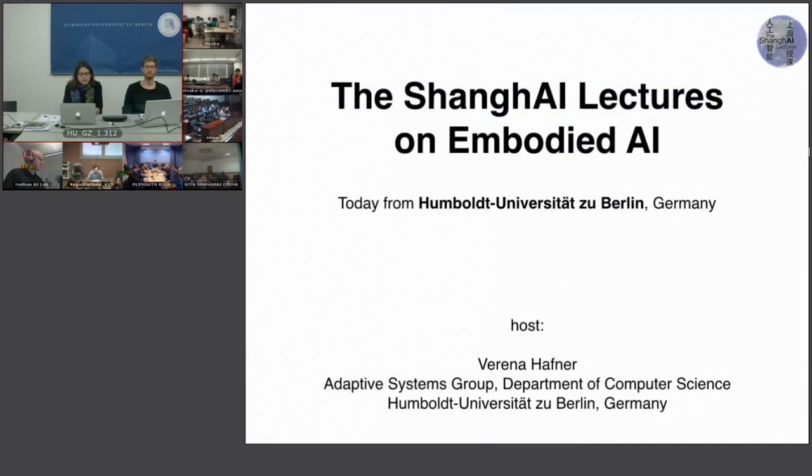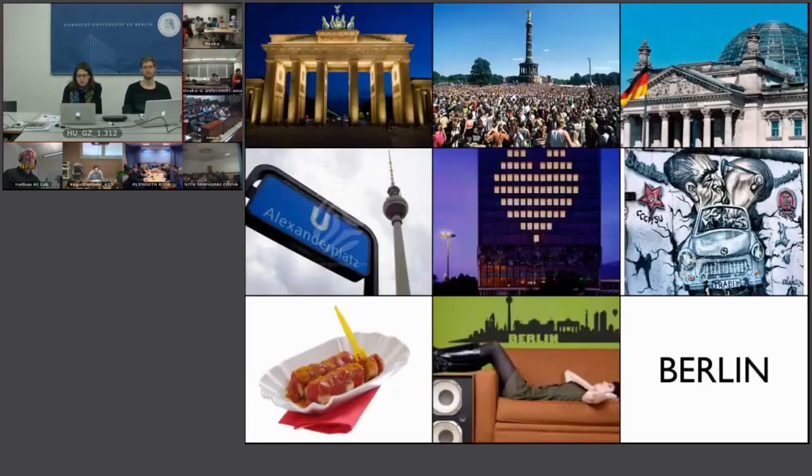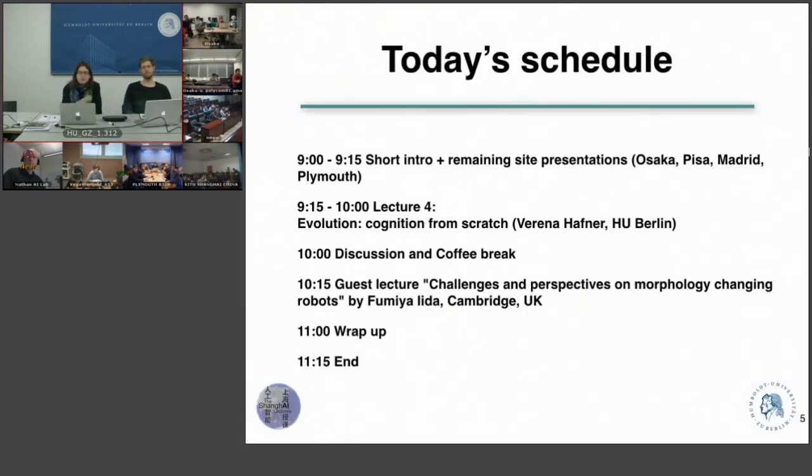I'm heading the Adaptive Systems group here at the Department of Computer Science, and for quite a while we've already been participating in the Shanghai Lectures. You already saw a short introduction about Humboldt University in Berlin in the first lecture, so I won't repeat that. Today's schedule, as Fabio already announced: we will have a short introduction, which is now, and then some remaining site presentations, but we'll move that to after the break.